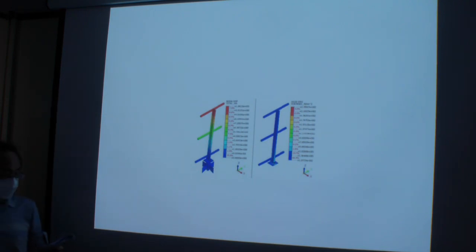Structural analysis was performed when the wind pressure acting on the soundproof wall in the normal direction was 735.54 Newton per meter square. The height of the soundproof wall was 6 meters.